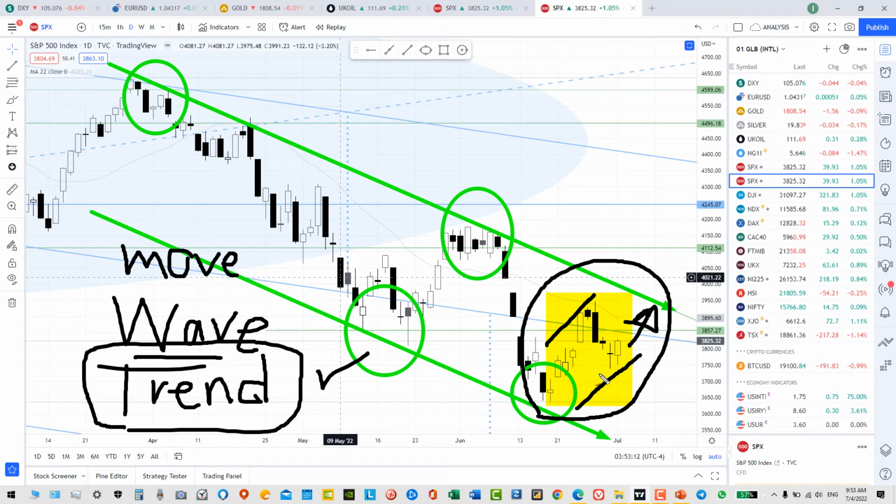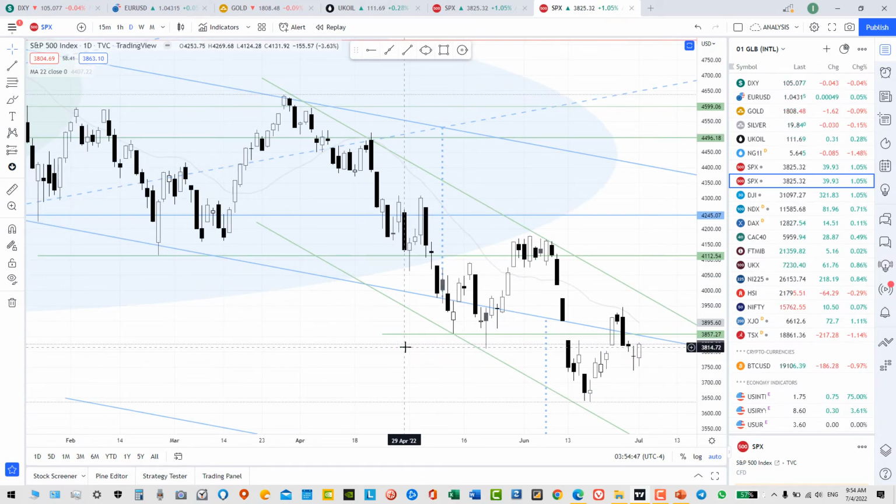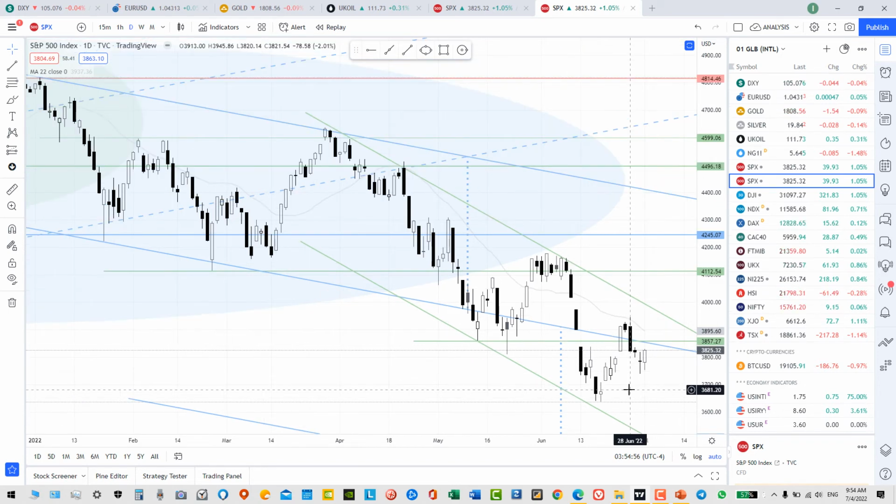For sure, this move is corrective, trying to target the downtrend line over the daily chart around the areas of 3,800, maybe 3,900.